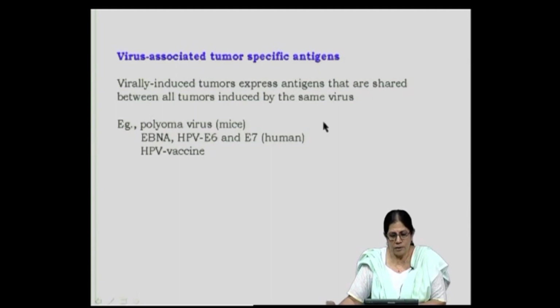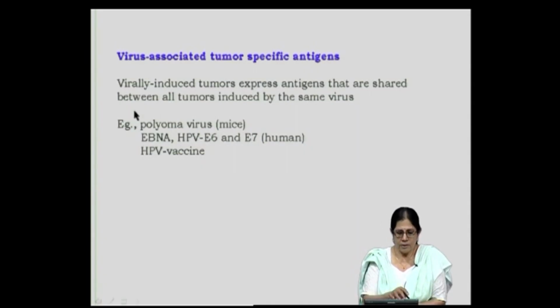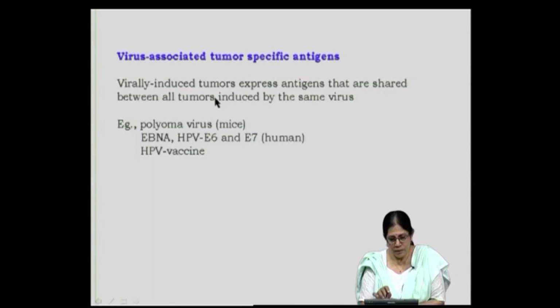Virus associated tumor specific antigens: what I talked about earlier is the one associated with carcinogens. Virally induced tumors express antigens of viral origin that are shared between all tumors induced by the same virus. This is different from carcinogens such as methylcholanthrene, where every tumor could be different.